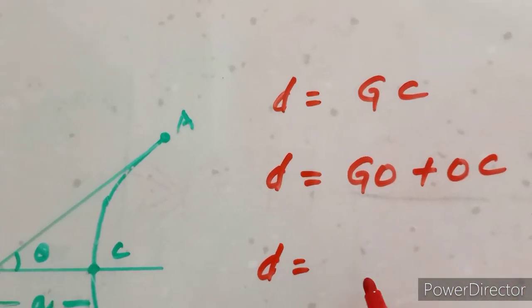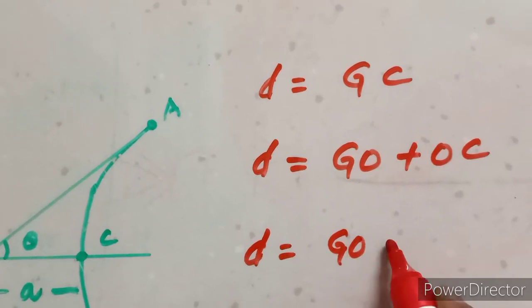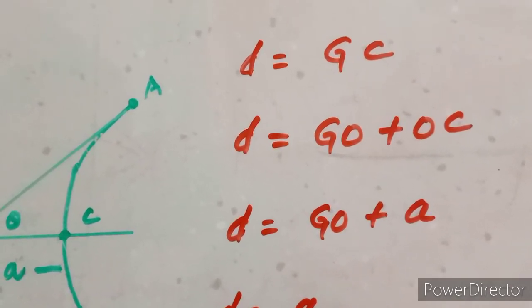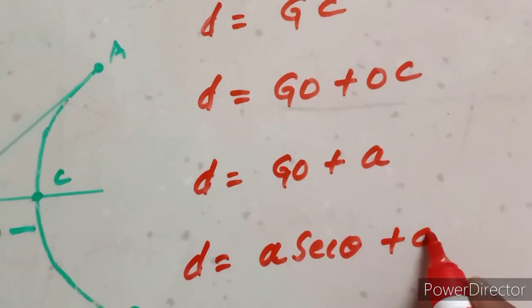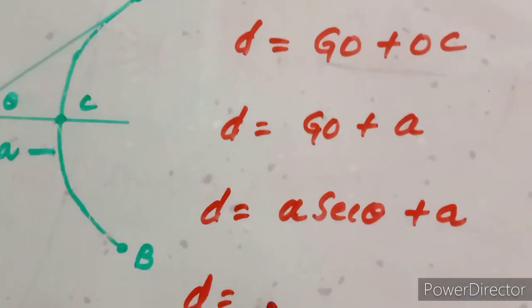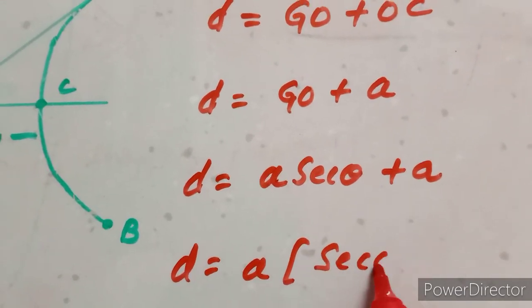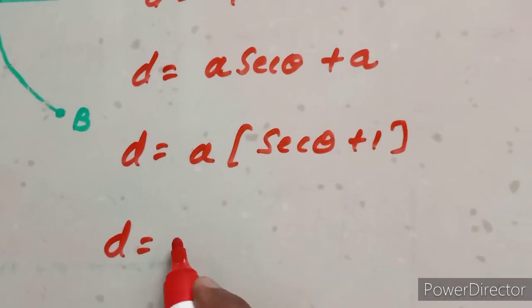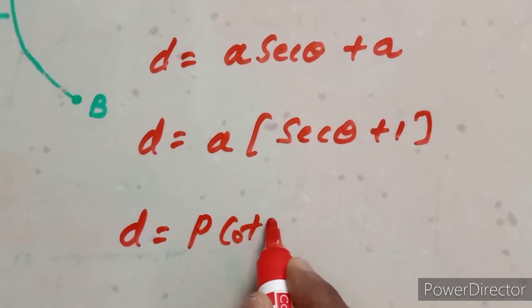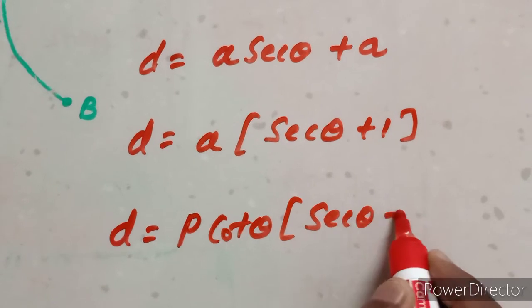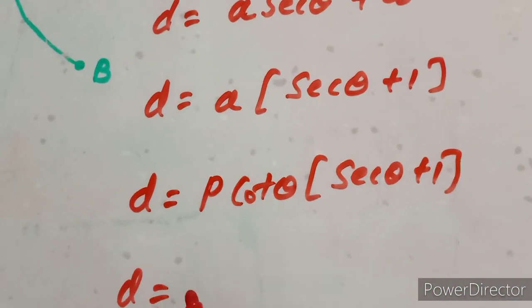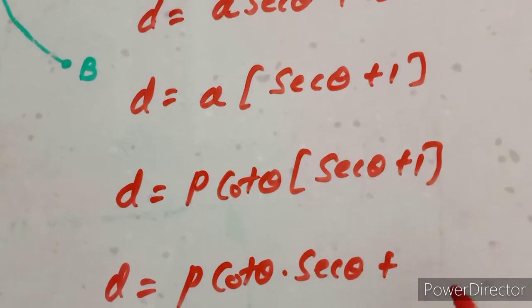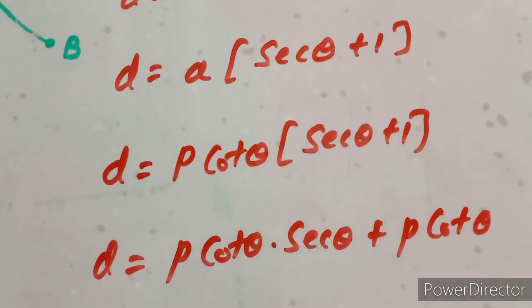GO means focal length, OC means a. d equals a secant theta plus a. d equals a is common, secant theta plus 1. d equals, we know a is p cot theta, into secant theta plus 1. d equals p cot theta into secant theta plus p cot theta.